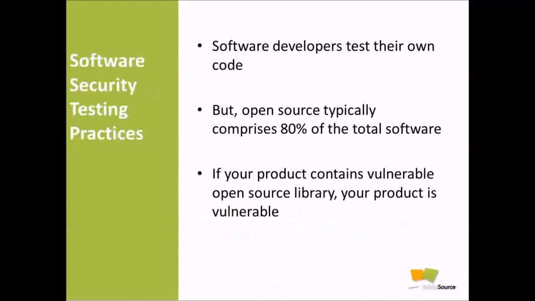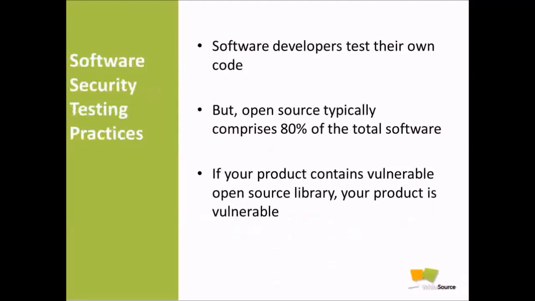Now, the reason this is going on is that most of the focus that R&D teams dedicate to the security aspect of their software goes to their proprietary software, namely to the source code written by their own developers. However, in today's software economy, roughly 80% of any given software product is comprised of open source components.